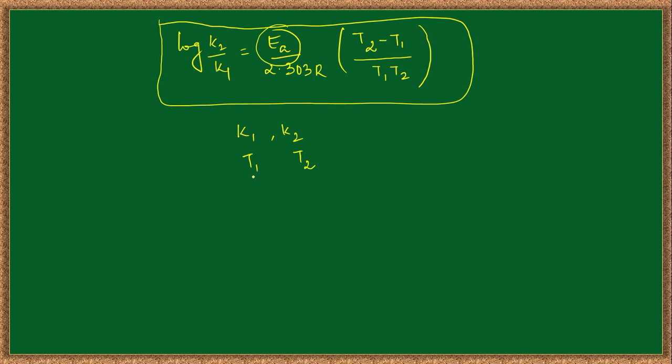So knowing T1, T2 and K1 as well as the activation energy, the value of K2 at temperature T2 can also be calculated. So using this modified form of Arrhenius equation, we can do a lot of things like calculation of activation energy and calculation of rate constants at different temperatures.